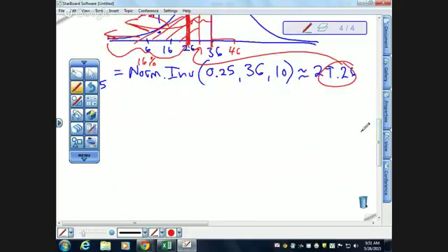Let's do C. Here I'm given 16 individuals chosen at random, and we're only looking at their average.